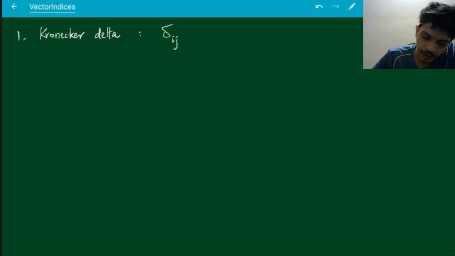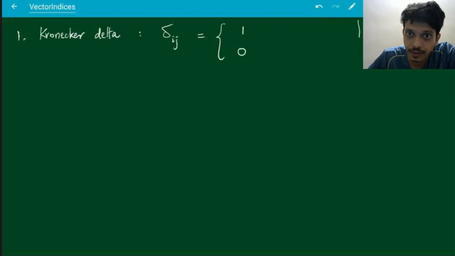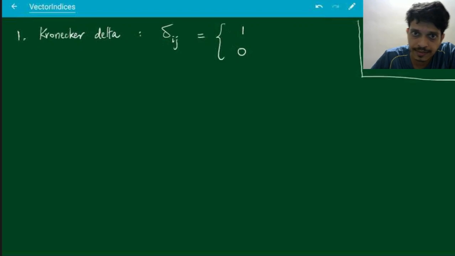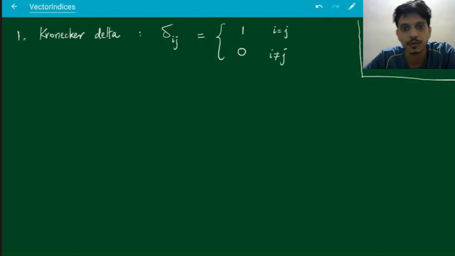Now, what is the definition of this Kronecker delta? Kronecker delta is defined as follows. Its value can be either 1 or 0. And when does it attain these values? It attains the value 1 when i is equal to j, and it attains the value 0 if i is not equal to j.